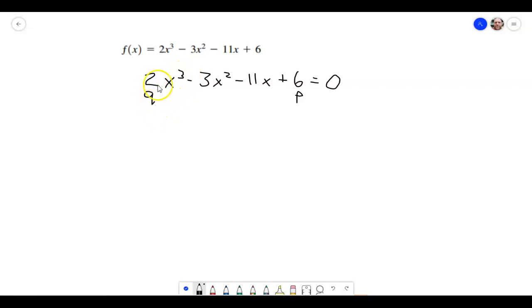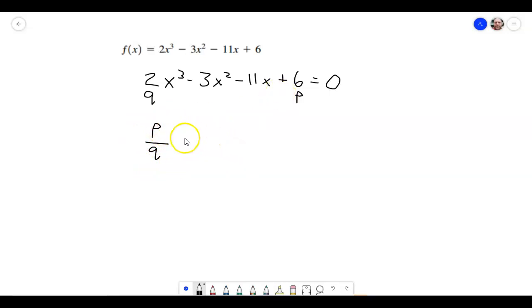We're going to call that Q. And then we're going to look for all the factors of P divided by all the factors of Q. If we have rational zeros, that means rational numbers, x values that this curve goes through, it's going to be located at one or more of those points.